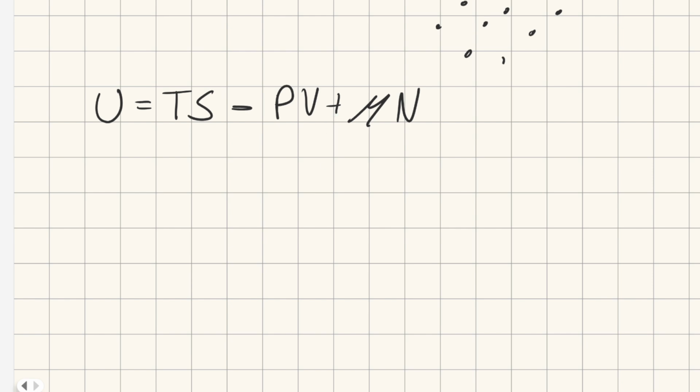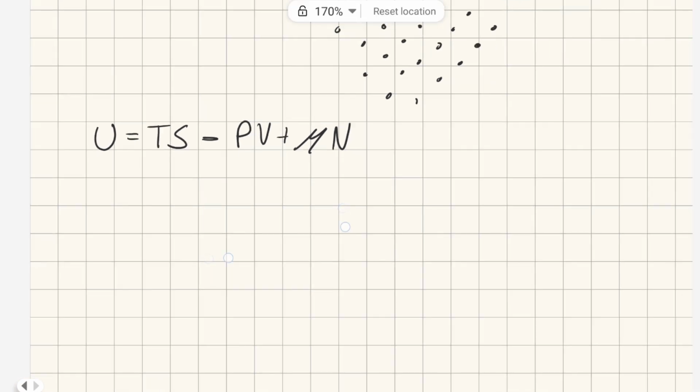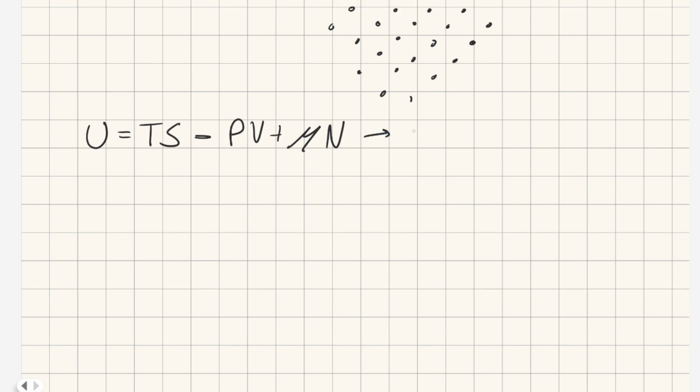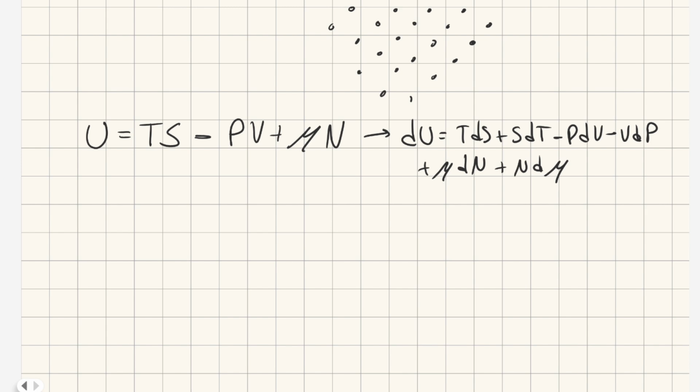So we could calculate the total differential of U as dU equals T dS plus S dT minus P dV minus V dP, and then plus mu dN plus N d mu, like this.